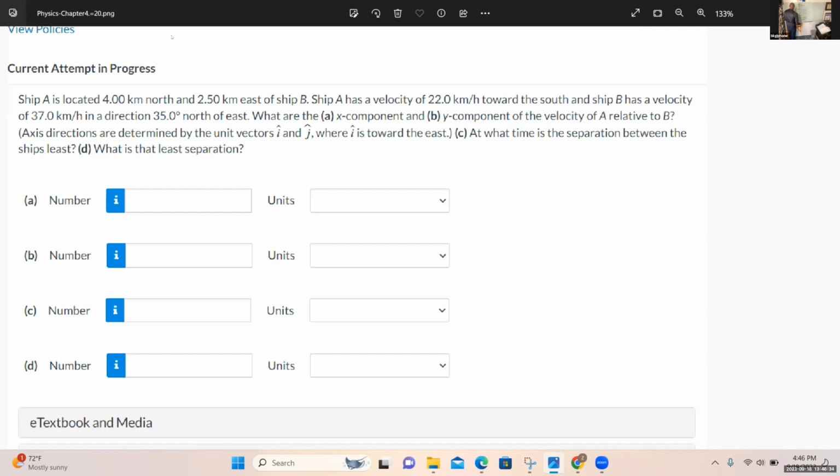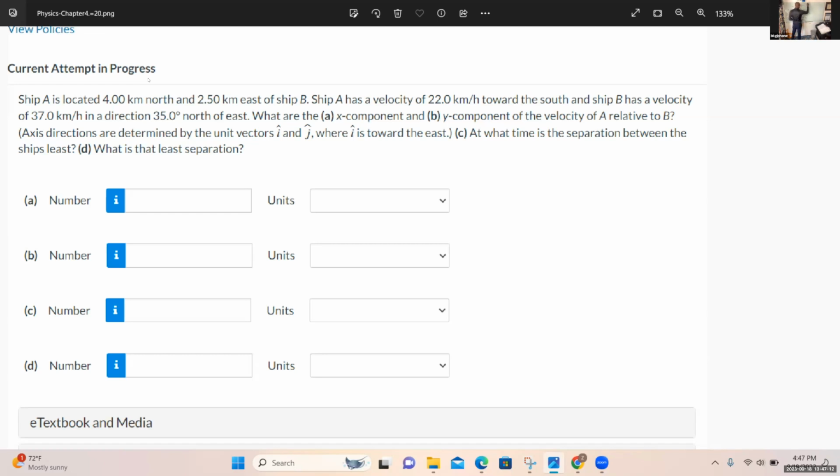So that's going to be 37 times cosine of 35, which is, 37 times cosine 35, what is it? 30.3. So 30.3 kilometers per hour. We can keep it in that. I'm not going to convert it to meters per second. Generally, I would, but I don't think we need to necessarily do that for this problem.